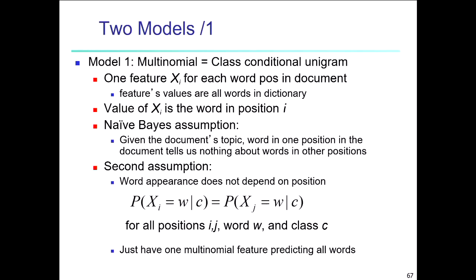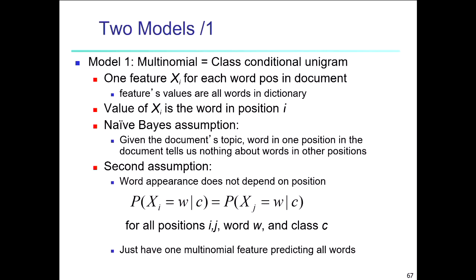The other thing is they have different assumptions. The multinomial model assumes that the word in one position tells us nothing about the words in other positions. And the second assumption is that the word appearance does not depend on positions.